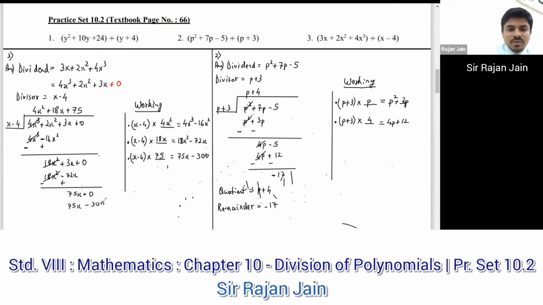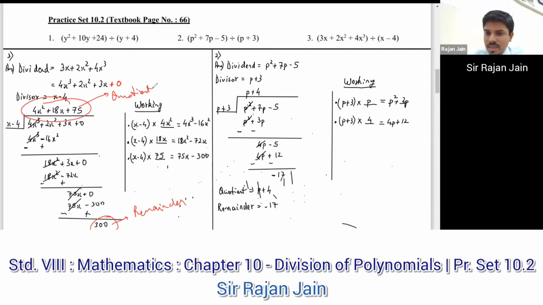Then you will leave a line for sign change. Suppose I leave the line, then I write a minus, here I write a plus, this gets cancelled, 0 plus 300, I will write 300. Now this 300 that is left becomes your remainder, and whatever you have got over here becomes your quotient. Is that clear? Understood?